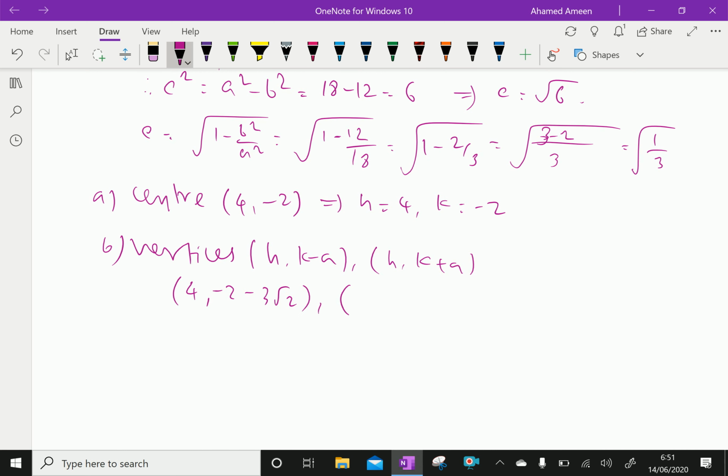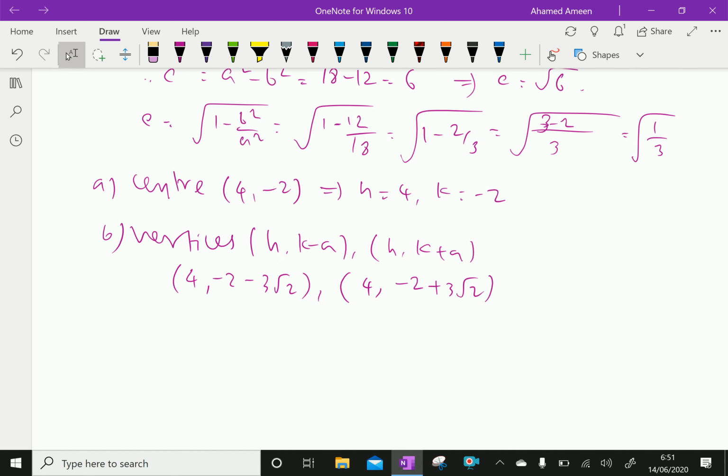So the vertices are 4 comma minus 2 minus 3 root 2 and 4 comma minus 2 plus root of 18, which is 3 root 2. Actually this is the vertices.